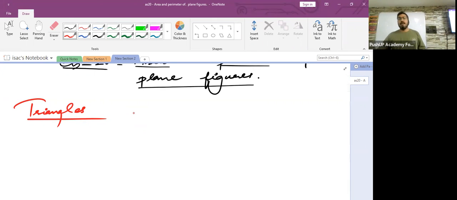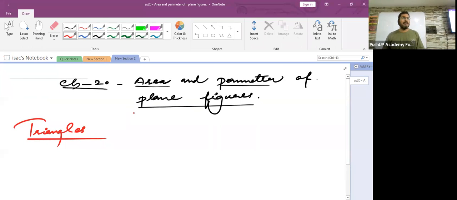So children, we are going to learn area and perimeter of plane figures. Before I start with a plane figure specifically, let me tell you which all plane figures you have to deal with in class 9. You need to have a clear idea which plane figures you are going to deal with.